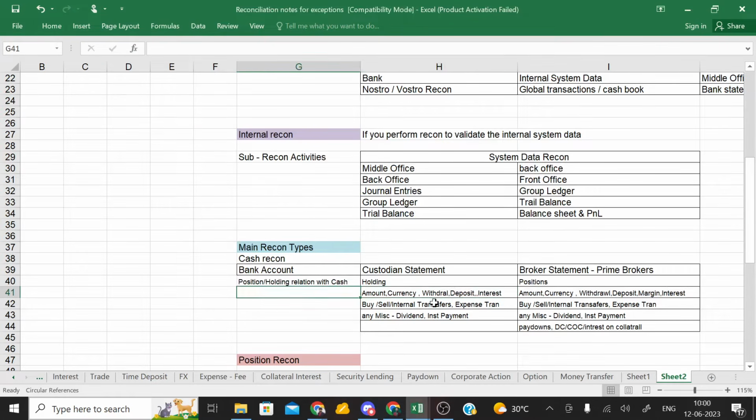But in an internal system, let's say you have only 100, 200, 900, 800, a different quantity in the picture. That's what you need to reconcile and find out why there is a discrepancy. And if there is a discrepancy, then it will be your responsibility to find that out.